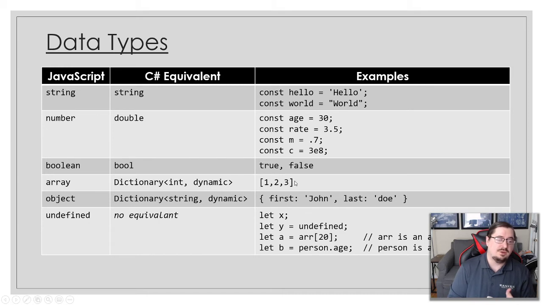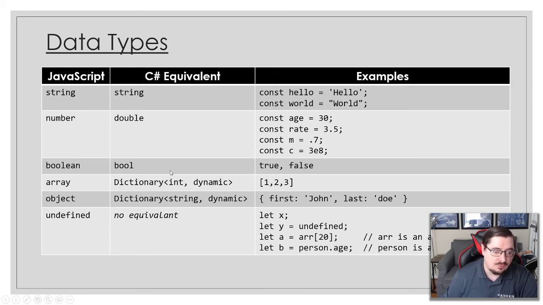Arrays in JavaScript can have anything in them. They're not restricted to all the values in an array having to be the same type. So I can have arrays in JavaScript that have numbers and strings and objects and other arrays inside of them, and JavaScript doesn't care. You can have any mix of data types in an array.